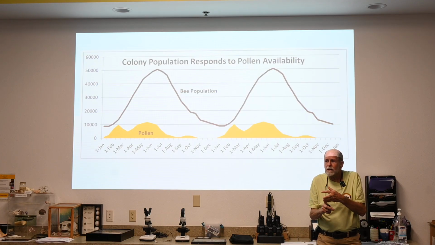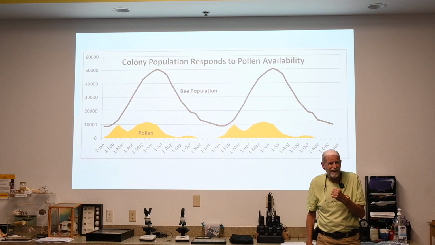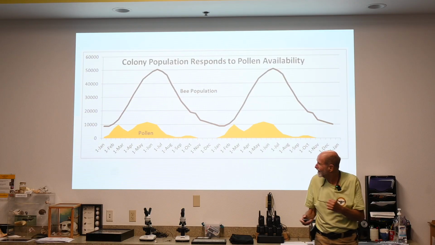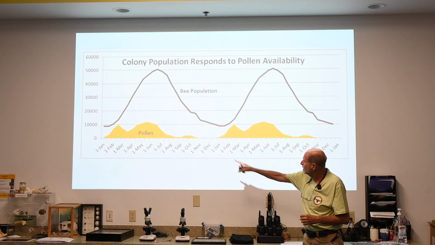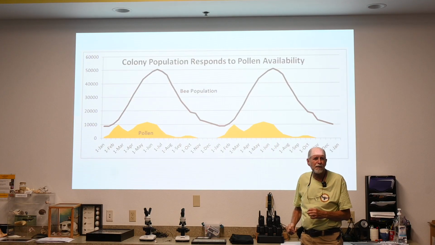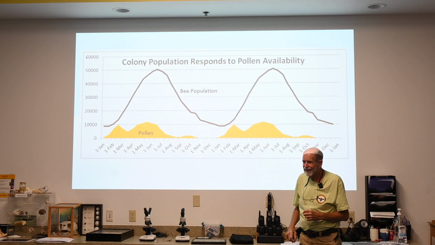Another 3 weeks from the time the bee hatches to the time it is capable of flying. When that first spring bloom comes out, she needs to have her workers available to start collecting. So she starts laying eggs almost 6 weeks before the bloom is coming. As you can see, the population will then grow as pollen with our spring blooms take place.